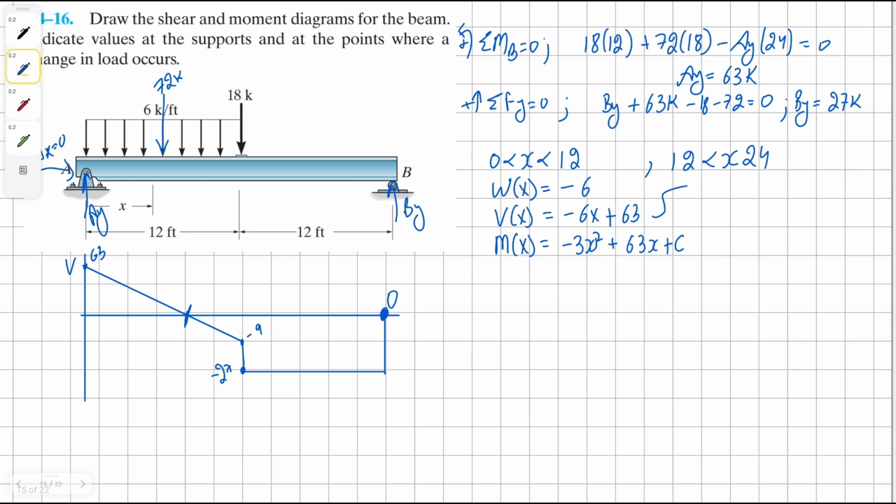Now we can use our shear equation to determine our point of intersection. So it's just simply going to be where shear is 0. We're going to have 63 divided by 6 goes to x, and our point of intersection is 10.5.